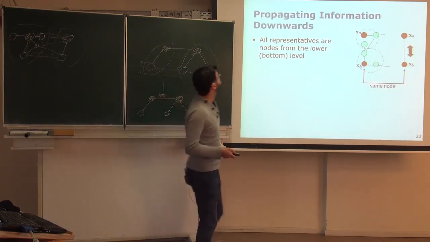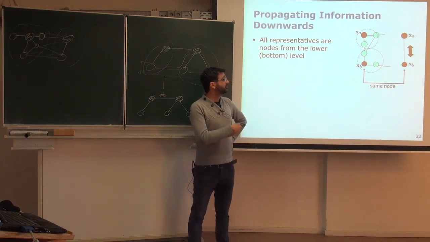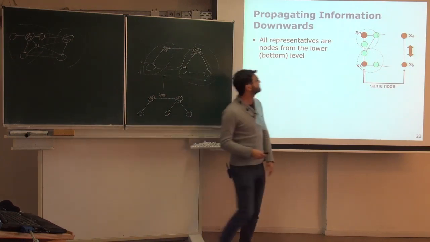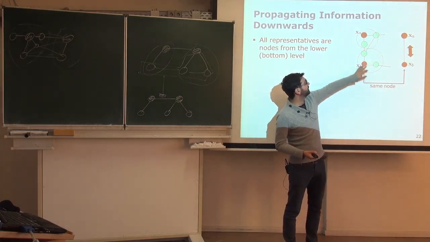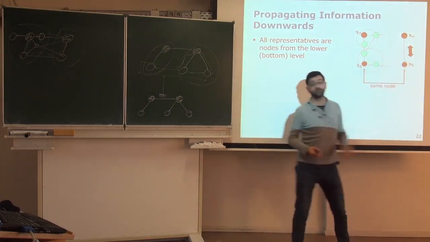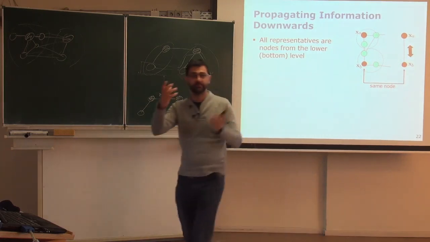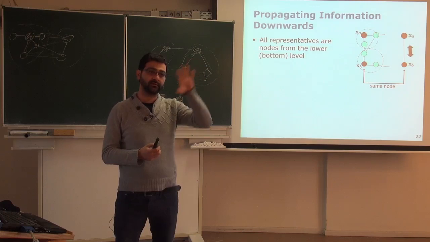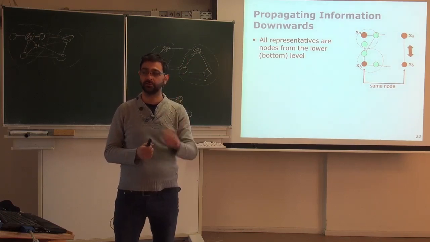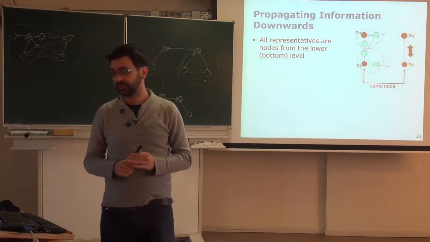So, how do we propagate the information down? This is actually easier in some way. We know that each of these nodes is always the same one, so we have a connection between the coarse, higher level structure and the finer, lower level structure.